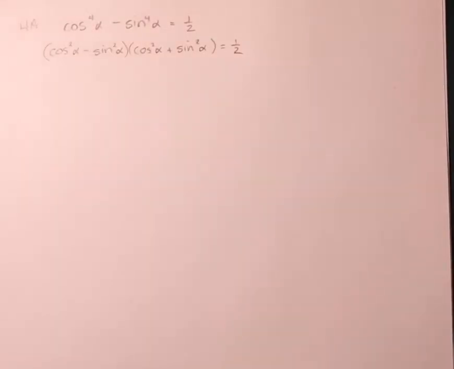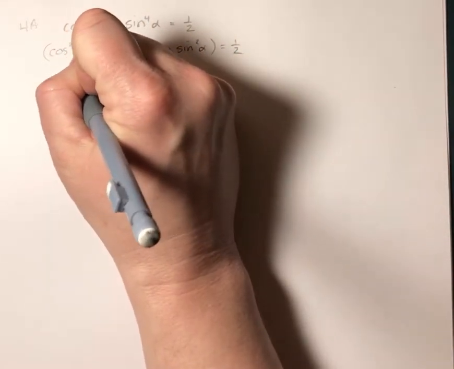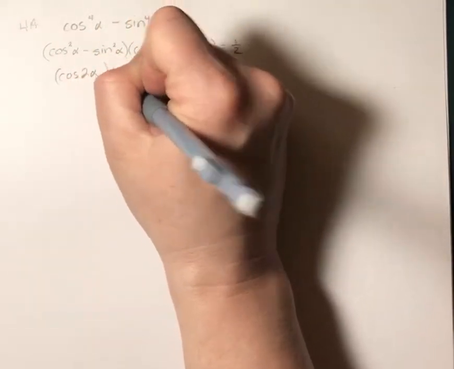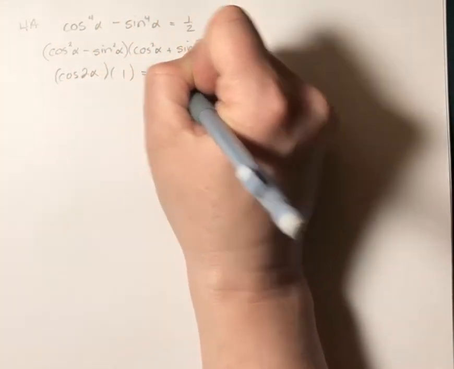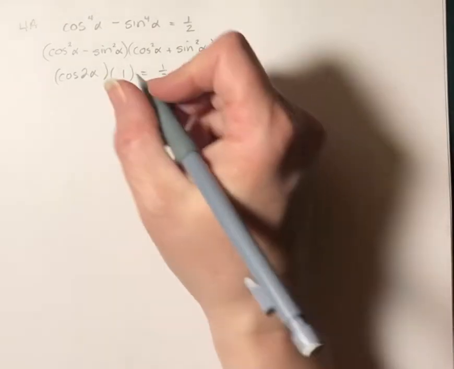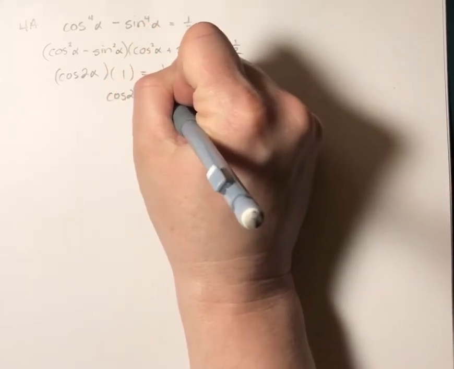It doesn't matter which way you do it. I'm going to change this to cosine of 2 alpha, and of course this was a 1. Just so if you're watching this later, you remember that this was equal to 1. So we just have the cosine of 2 alpha is equal to 1/2.